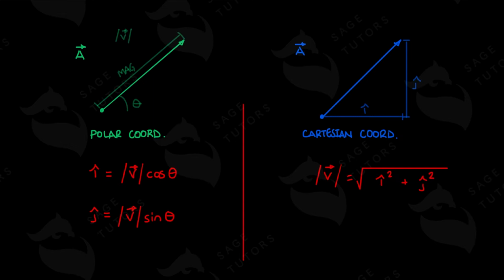This makes sense because in the Cartesian coordinate vector triangle, you have a right triangle in which you can find the hypotenuse using the Pythagorean theorem. Also, if you want to find the reference angle of the vector, you use the tangent inverse of the J component divided by the I component.